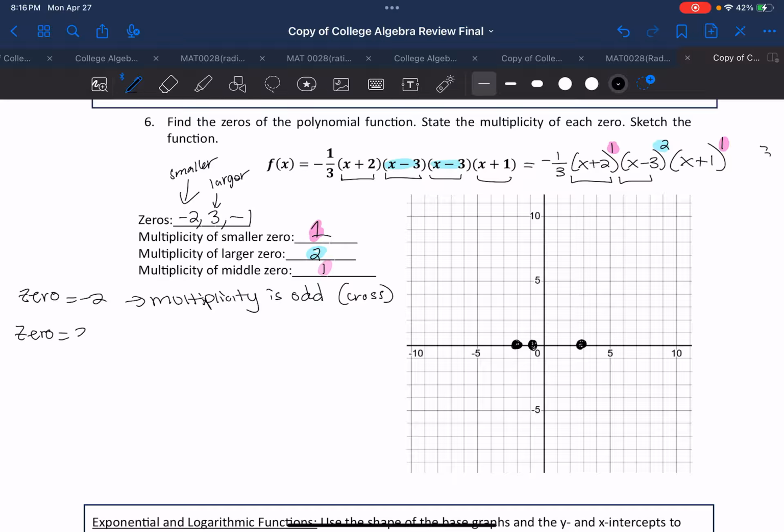And then for the zero, positive 3, the multiplicity is even, because it was 2. So it'll touch or bounce and then go back the way it came from. And then for the zero, negative 1, the multiplicity was also odd. So it'll cross.